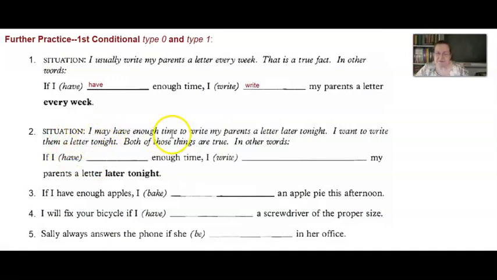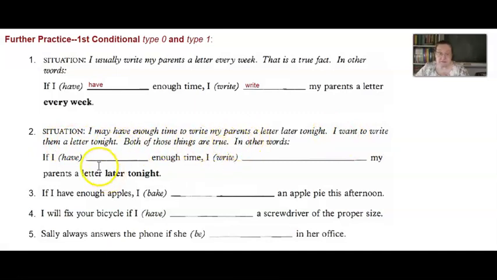I may have enough time to write my parents a letter later tonight. Now, pay attention, we've got two things going on here. May, he's not entirely sure, and then later tonight. So that speaks of a future intention, because will is a future intention. Okay. I want to write them a letter tonight. Both of those things are true.